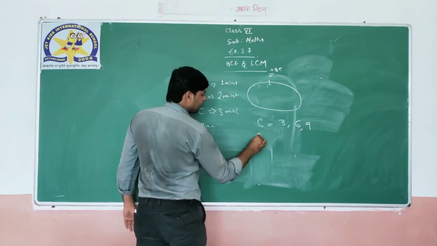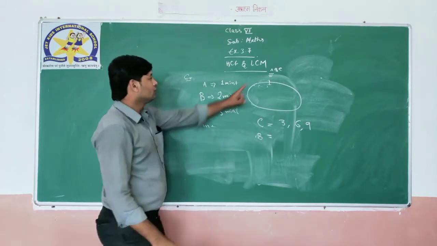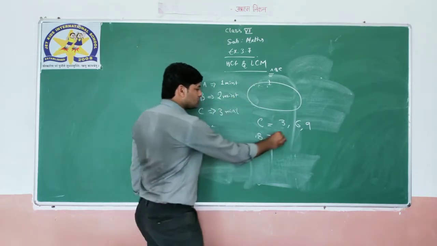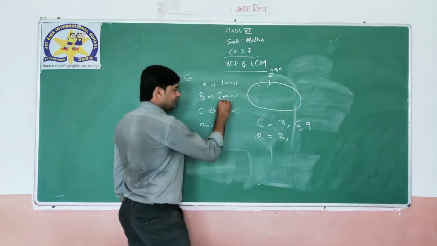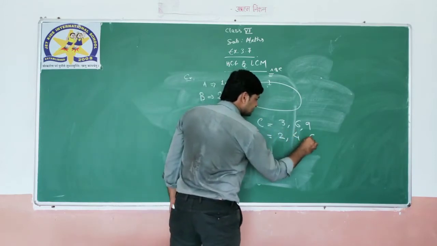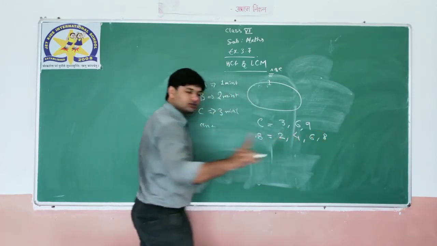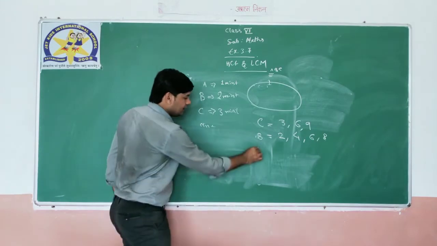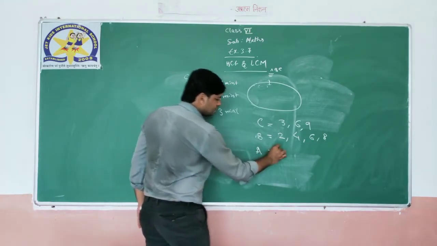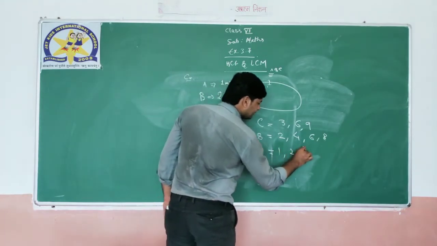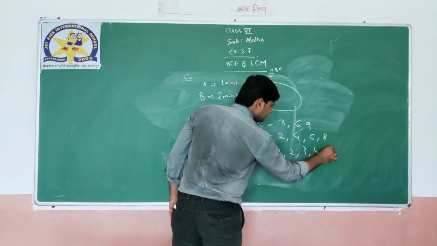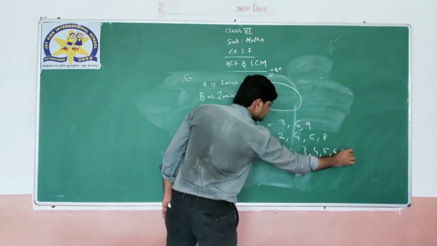Then B: first round in 2 minutes, second in 4 minutes, third in 6 minutes, fourth in 8 minutes. Clear? Then A is completing the first round in 1 minute, then 2 minutes, 3, 4, 5, 6, 7 minutes, and so on.